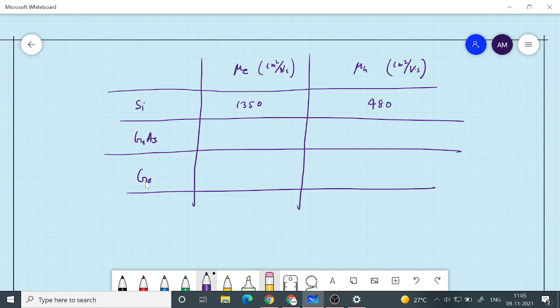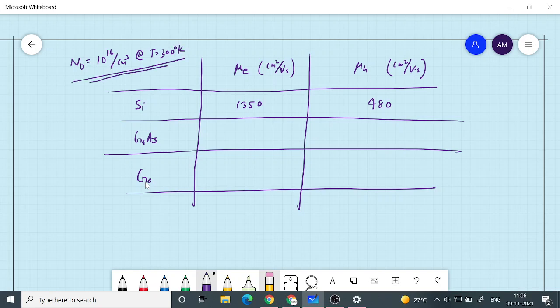480. Since it depends on the doping, this table is for a doping density Nd of something like 10 raised to 16 per centimeter cube at T equal to 300 degrees Kelvin.